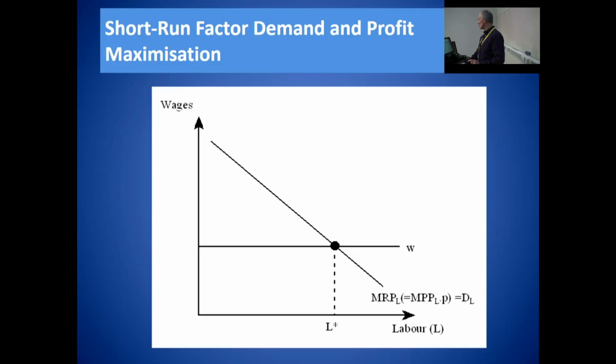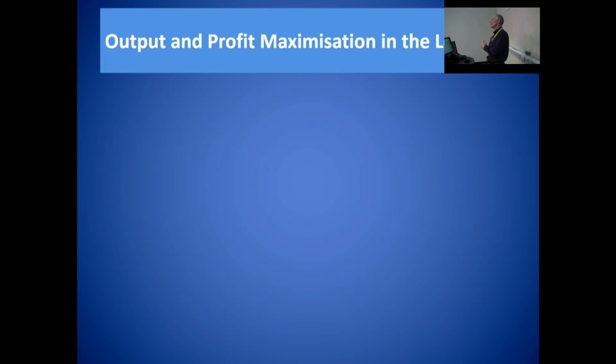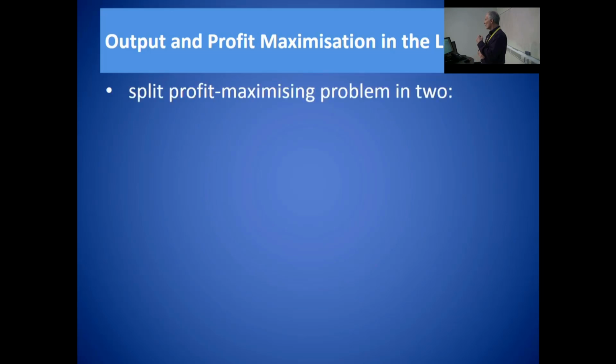Before I give you your break, I want to briefly give you an introduction to the long run, and that will then set the scene for what we're going to do in the second lecture. Now, the long run is more complicated by the very nature of the fact that a firm can freely substitute one variable factor for another variable factor.